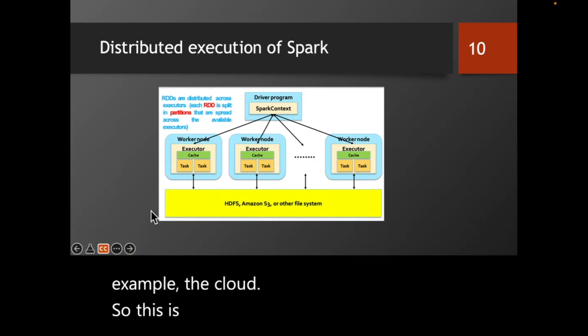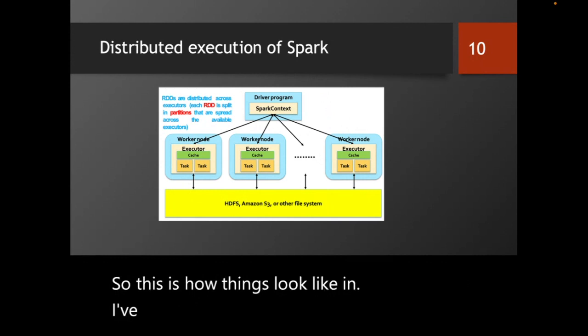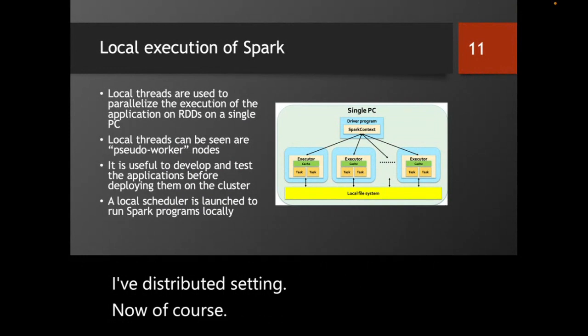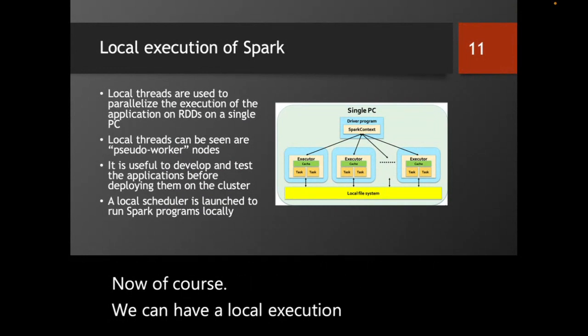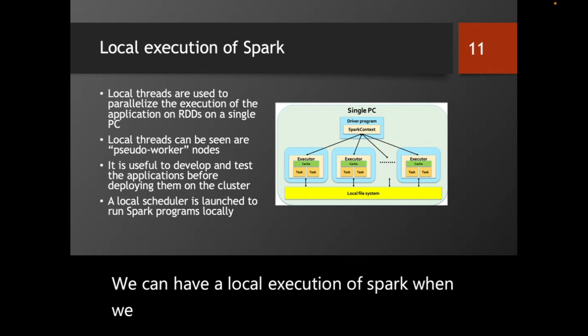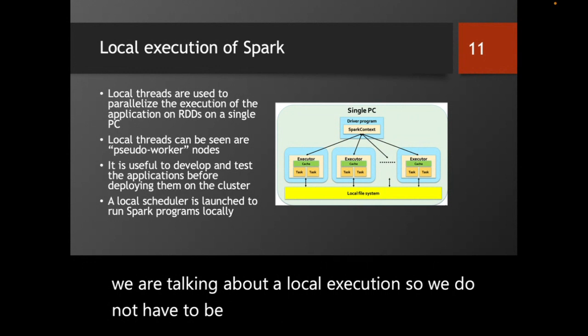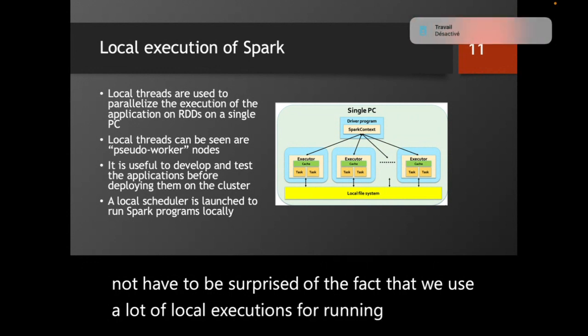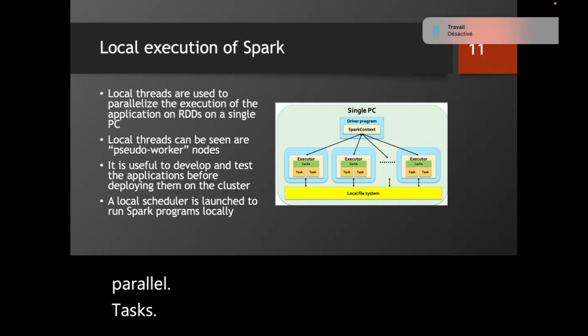So this is how things look in a distributed setting. Now, of course, we can have a local execution of Spark. We should not be surprised that we use local executions a lot for running parallel tasks.